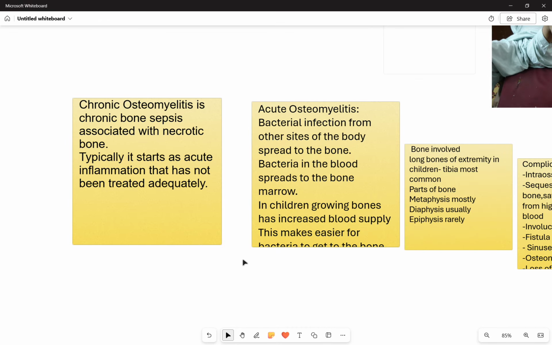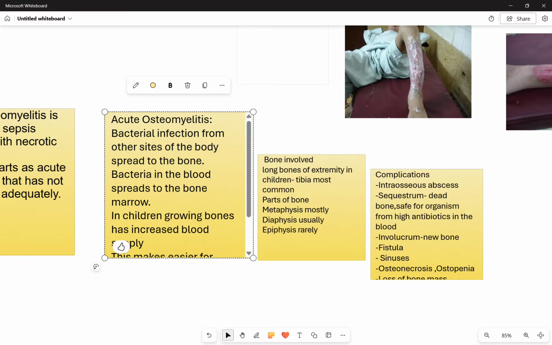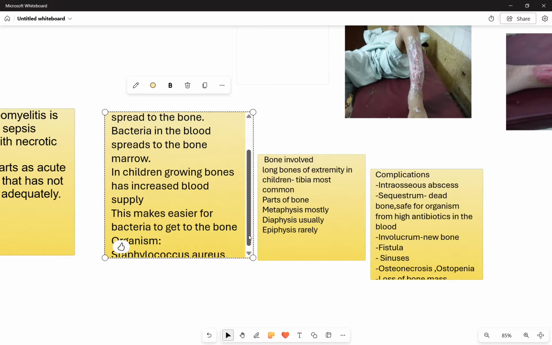Now, how does acute osteomyelitis develop? Acute osteomyelitis happens because of bacterial infection from other sites of the body spreading to the bone. Bacteria in the blood spread to the bone, maybe if the child has, say, an ear infection, and the bacteria may be present in the blood, and there is hematogenous spread to the bone.